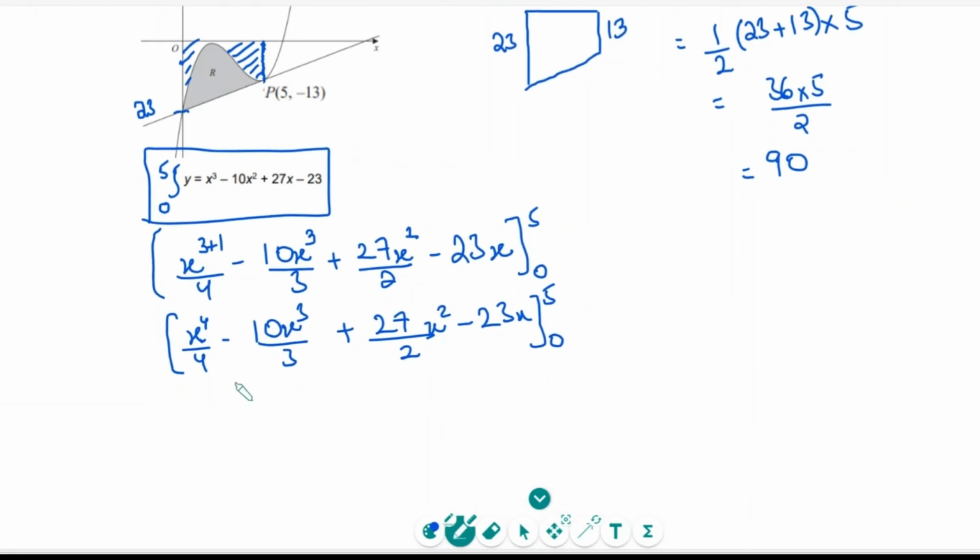So I'm only going to apply the upper limit. And when I do that, 5⁴ divided by 4, minus 10 times 5³ divided by 3, plus 27 times 5² divided by 2, take away 23 times 5. Actually, sorry, I first wrote a 4 instead of a 5.